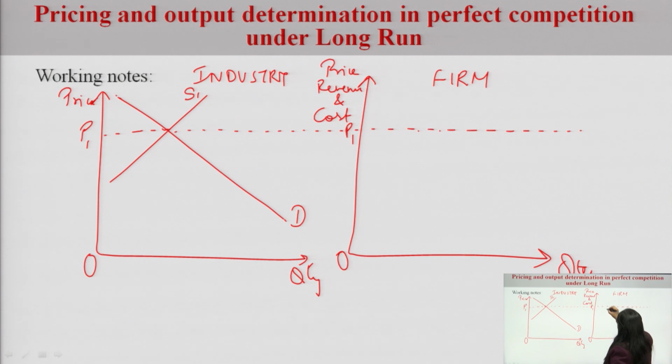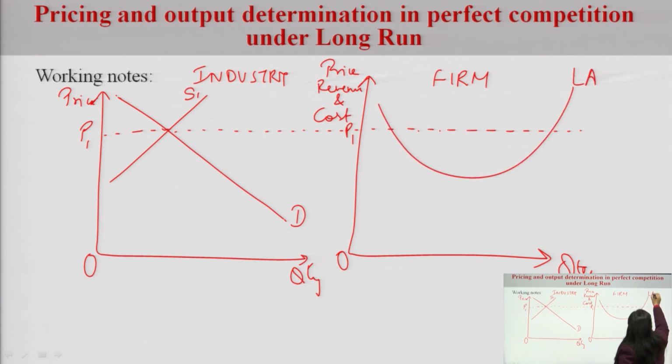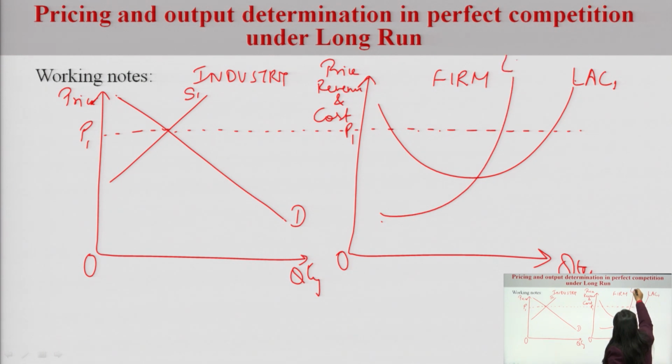And suppose the seller has an average cost, denoted by the long run average cost, because it is the long run. And this is the long run marginal cost. How would the optimum output be determined?